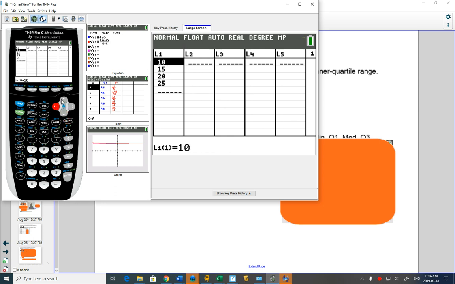Clear down if you have any other data in there right now. 5.7, 4.2, 7.9, 3.1, 9.4, 4.2.